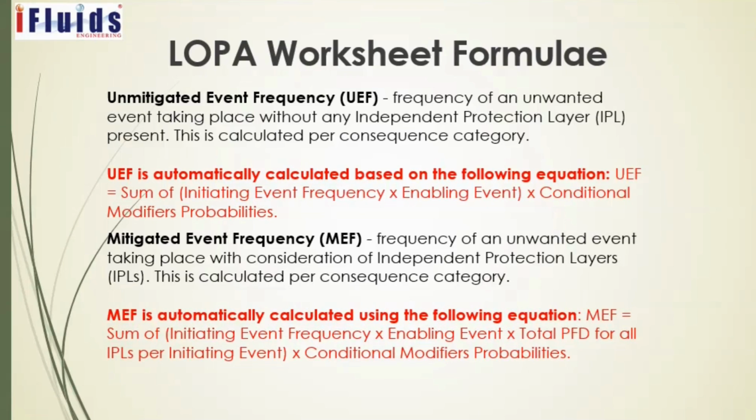In the same way, the mitigated event frequency, MEF, is the frequency of an unwanted event taking place with consideration of independent IPLs. This is calculated per consequence category. MEF is automatically calculated using the following equation. MEF equals sum of initiating event frequency into enabling event into total probability of failure on demand for all IPLs as per the initiating event into conditional modifier probabilities.